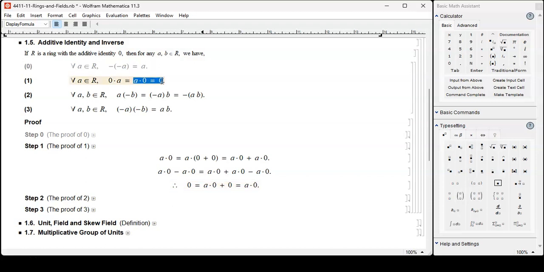We proved this part. How about the other? 0 times a is equal to 0. That part is left to the students. You can do pretty much the same way, except that the parenthesis is coming to the left, and you'll have to distribute from the right. And is that what I did here?